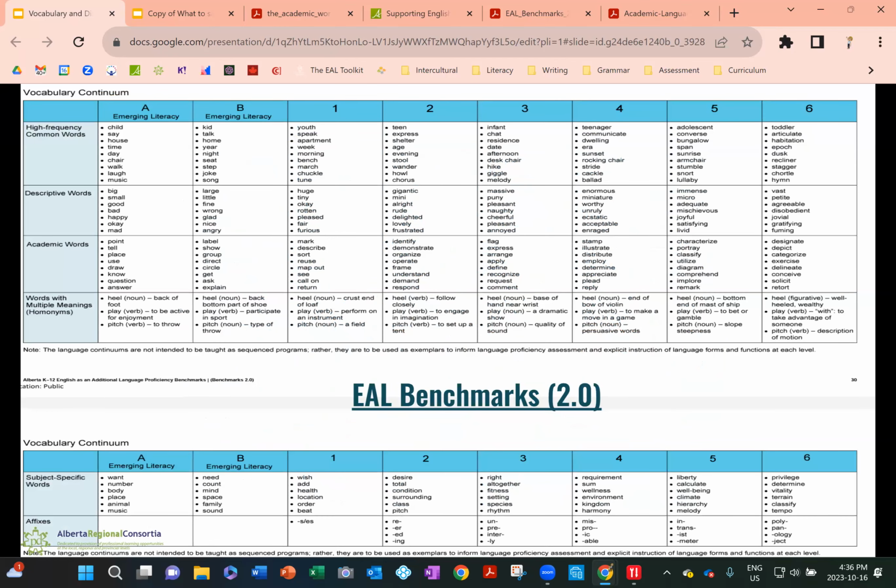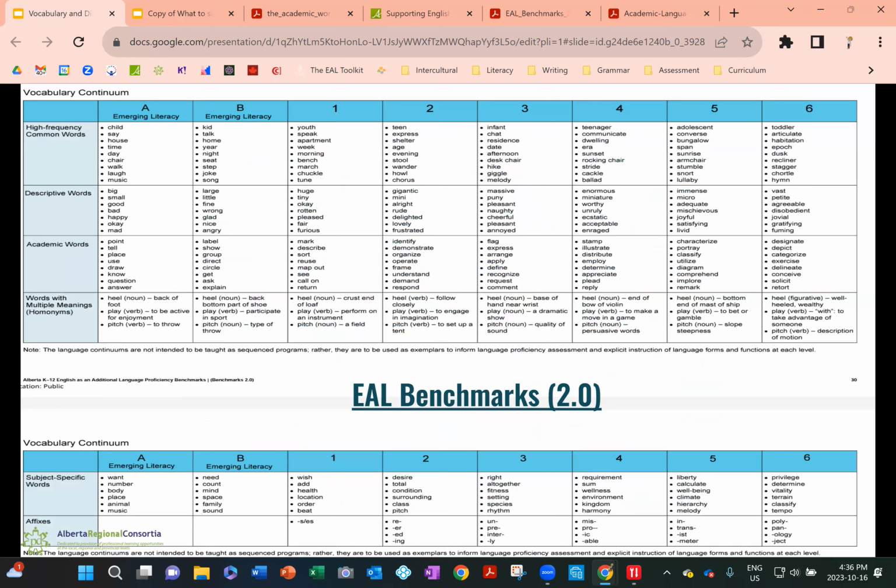And just to highlight some of the benchmarking. When you're thinking about vocabulary that your students are using, you can look at high frequency words, descriptive words, and some academic or instructional words that they're using, and move through the benchmarks and see how that progresses.